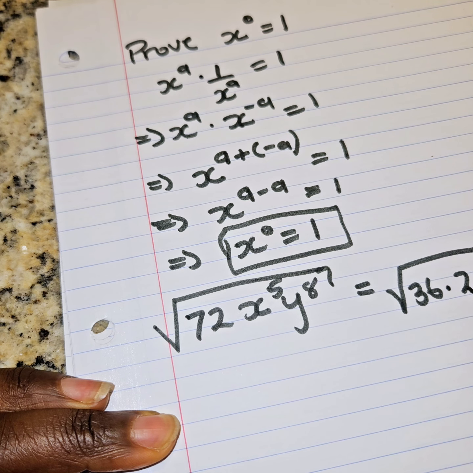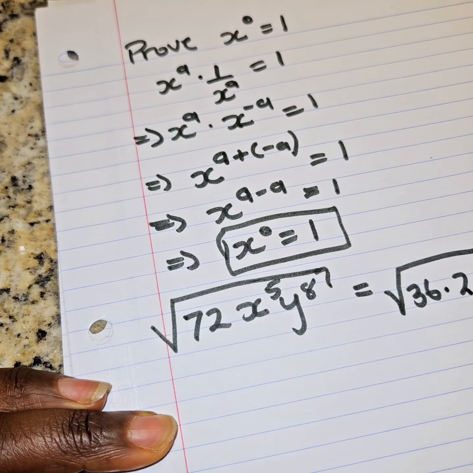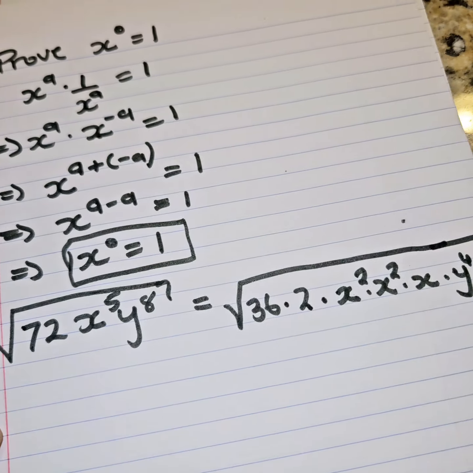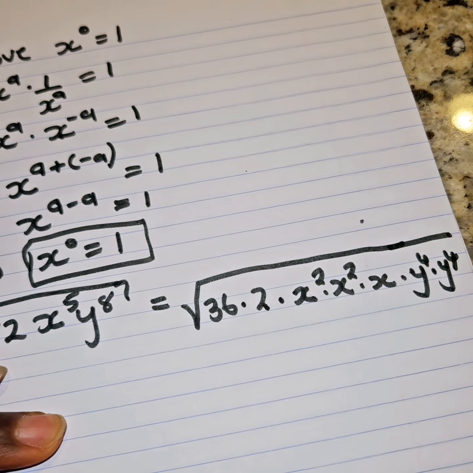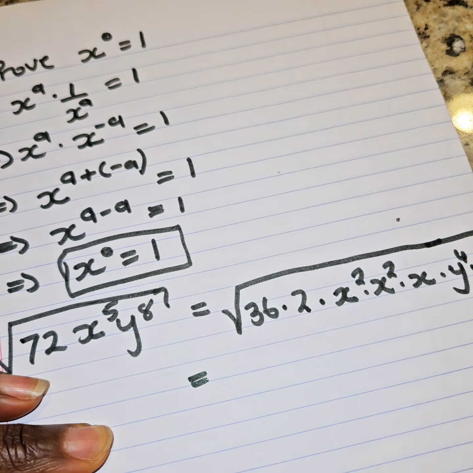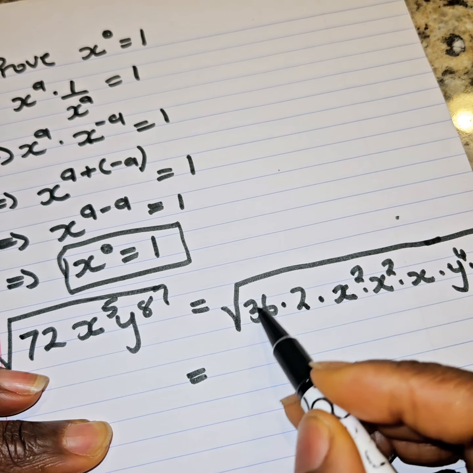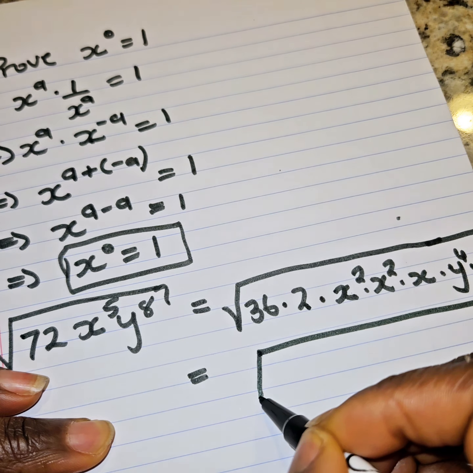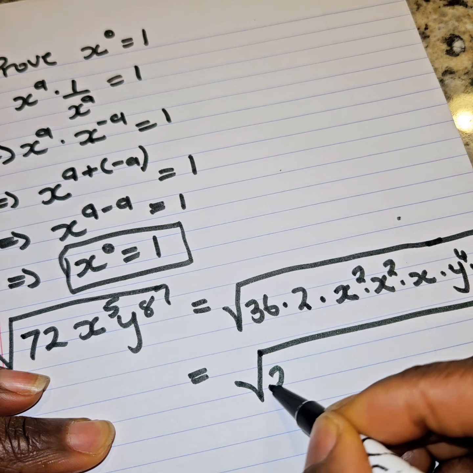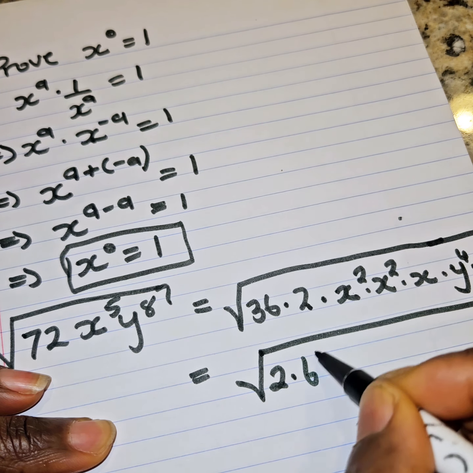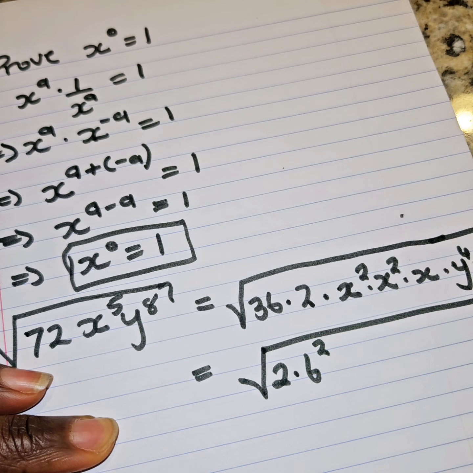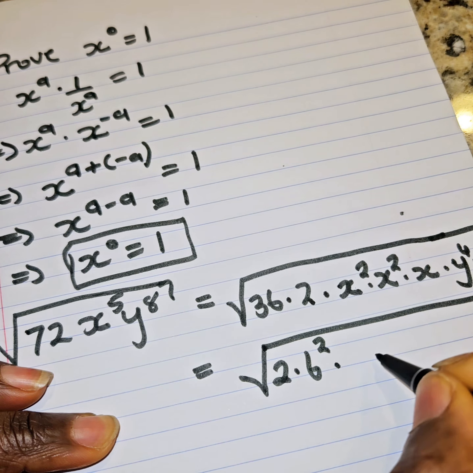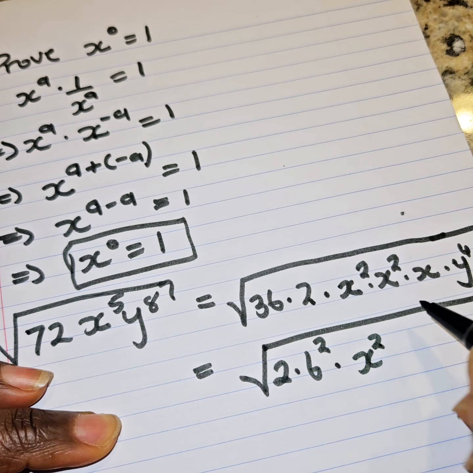Then I can write y to the 8 as y to the 4th times y to the 4th. And I know that 36 is 6 squared, so I can go ahead and write this as 2 times 6 squared, or 6 squared times 2 times x squared.